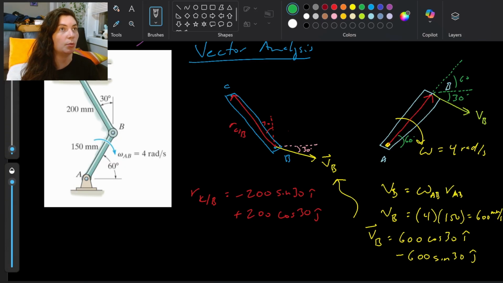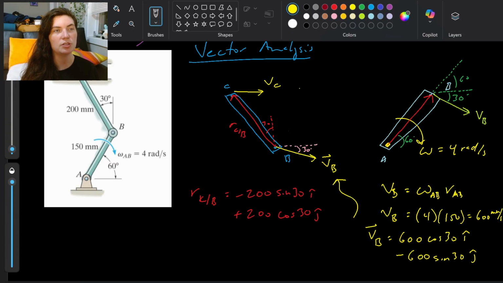I'm going to make an assumption that my C is moving to the right, based on what I'm seeing. I'm not 100% sure, but my signs will all work out in the end. If I get a negative sign, it means my vectors go in the other way.